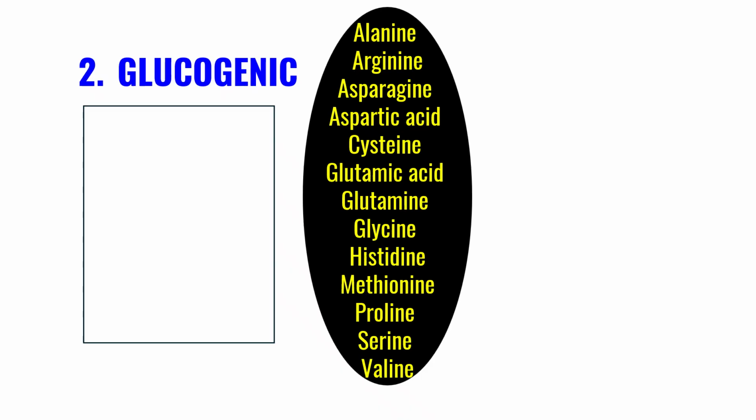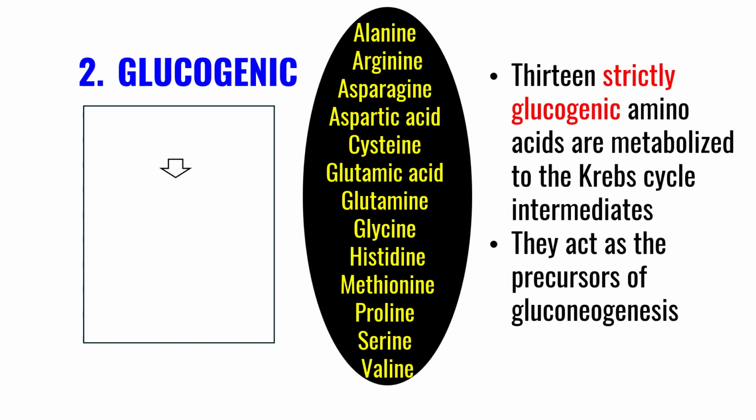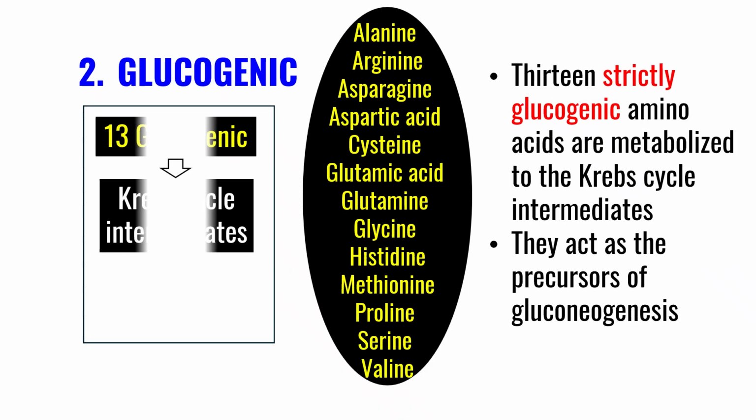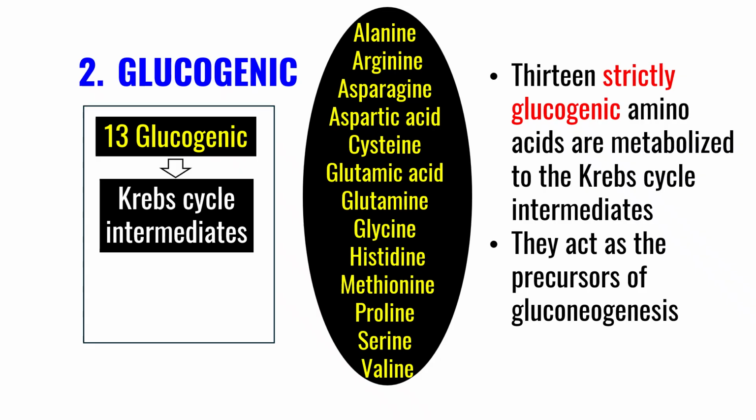So the second category includes glucogenic amino acids. There are 13 strictly glucogenic amino acids. These amino acids are metabolized finally to different intermediates of the Krebs cycle, which then enter the Krebs cycle to provide precursors for the synthesis of glucose by gluconeogenesis, and also they supply energy in the form of ATP.